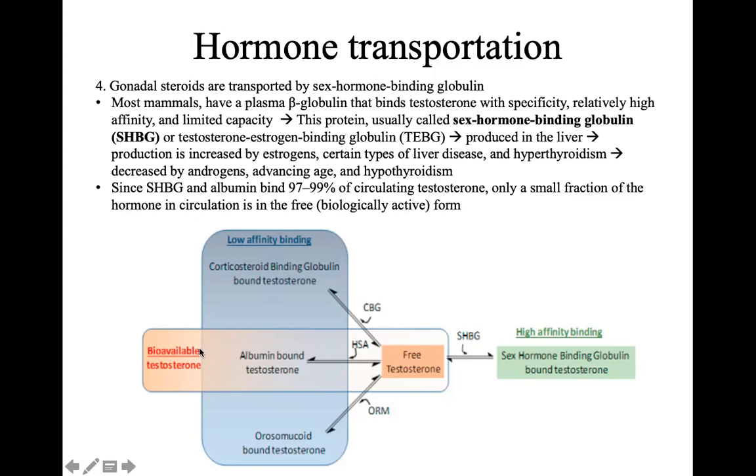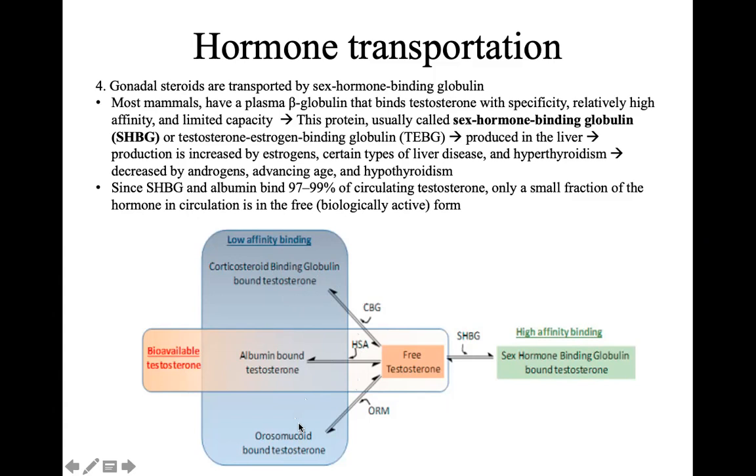You can see from the hand side bioavailable testosterone. You can see low affinity binding, corticosteroid binding globulin, CBG bound to the testosterone. You have the albumin bound testosterone, and then orosomucoid bound testosterone. Lots of transport proteins, but they are very low affinity binding.